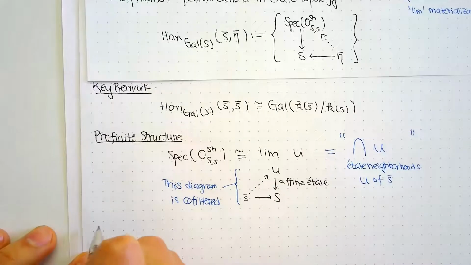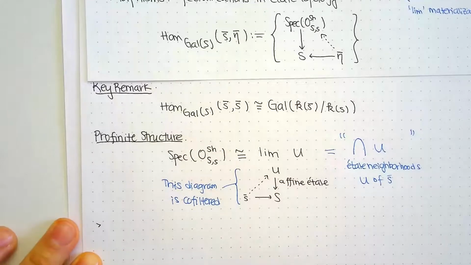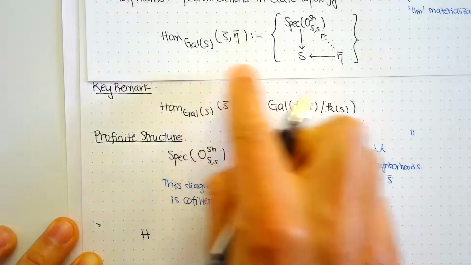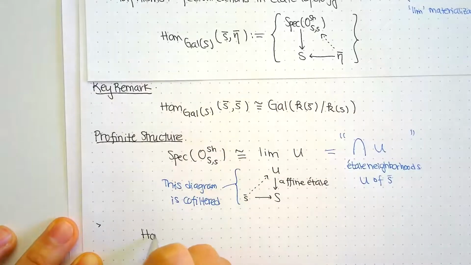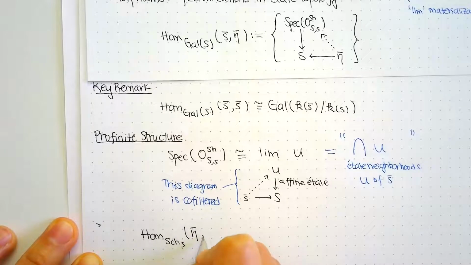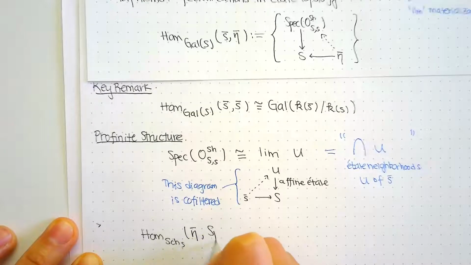So where the profinite structure comes from is, well, you look at the morphisms here, and well, what are those? So they're morphisms of S schemes from eta bar to this guy here.